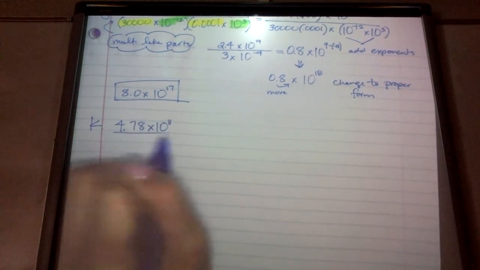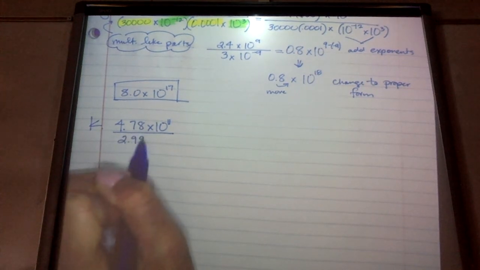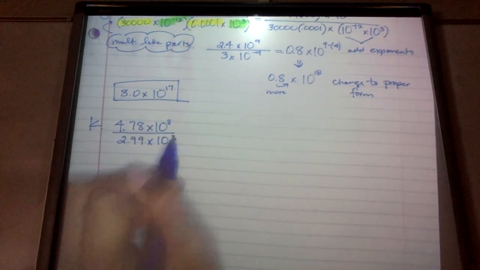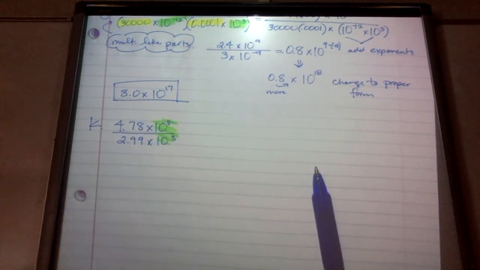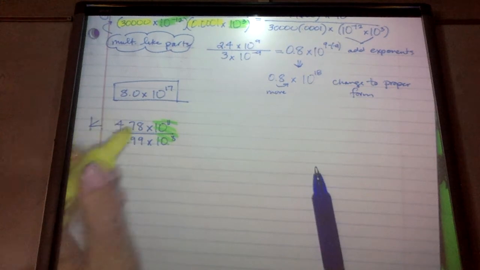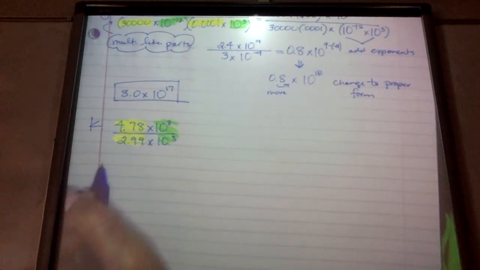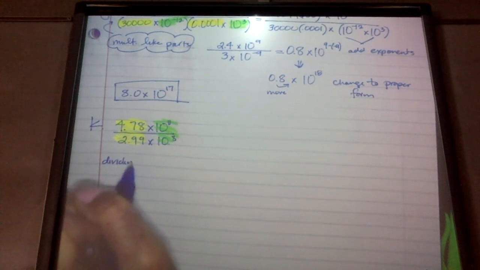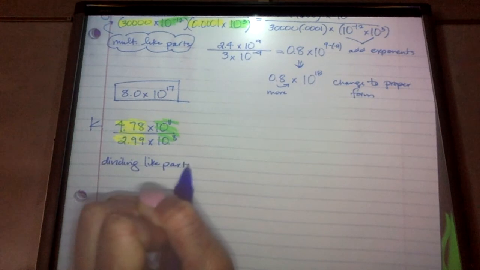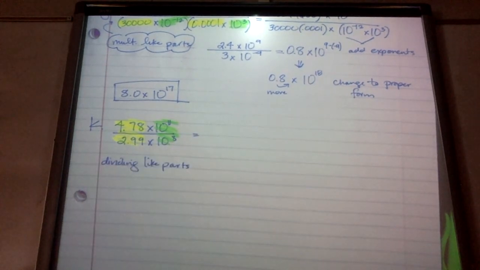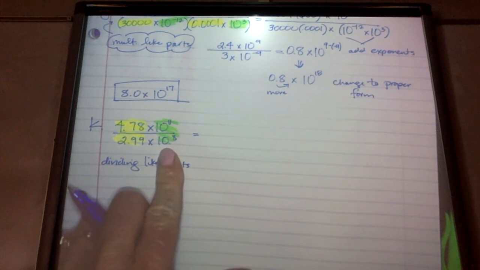And I'm going to divide that by the number of people, which is 2.99 times 10 to the 8. Remember, I'm dividing like pieces. So I'm dividing these, and I'm dividing these. If you want to pause the video, divide the yellow, divide the green. Remember, when we divide the green, we're subtracting exponents.